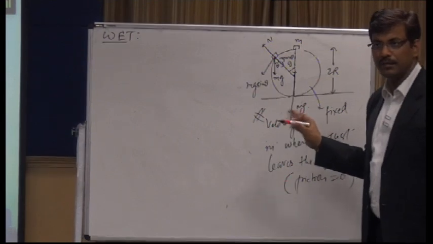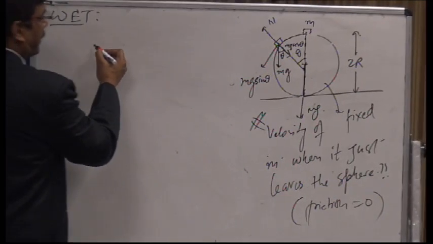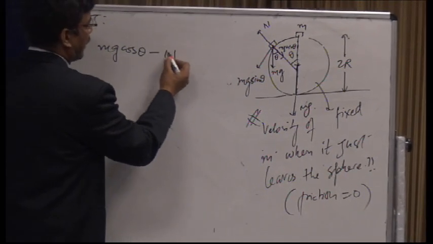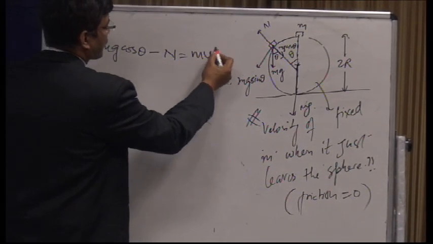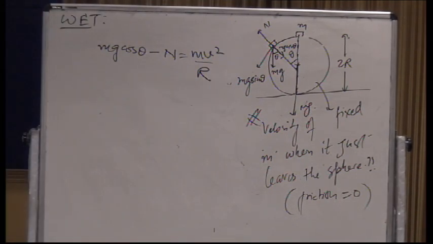Friction is not there. Okay. So I can write mg cos theta minus N is equal to mv square by r. Got it? अभी करेंगे, ठीक है. Is it okay? mg cos theta minus N equal to mv square by r. Have I written this from NIF or from IF?